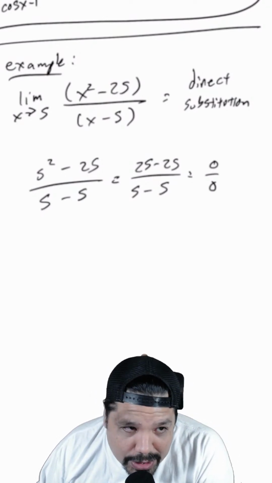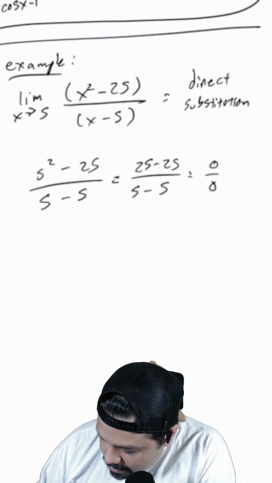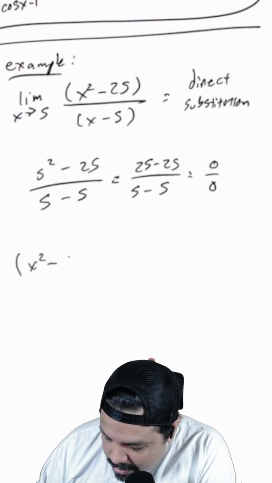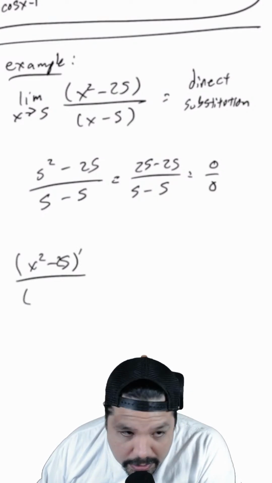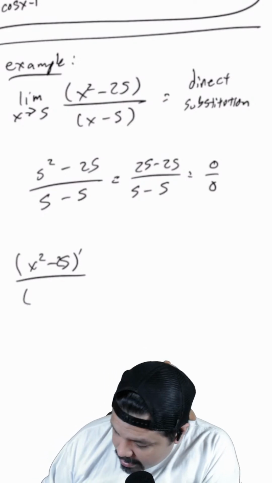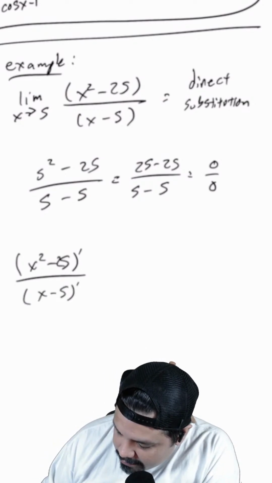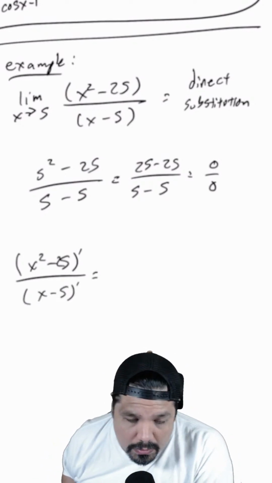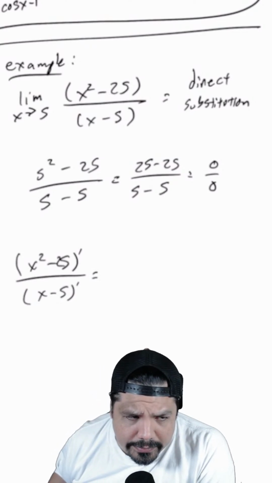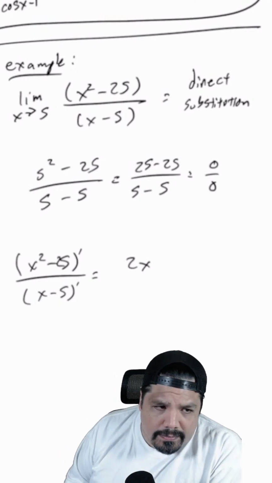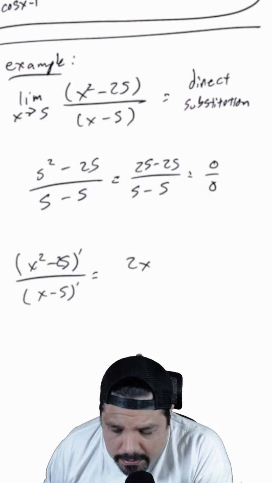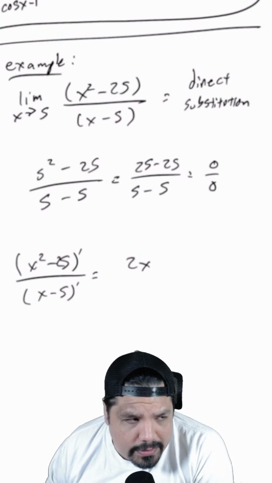We're gonna differentiate the top, x squared minus 25. We're gonna differentiate the bottom, x minus 5. What's the derivative of the top? Oh, don't you know that's 2x? Again, what's the derivative of a constant?